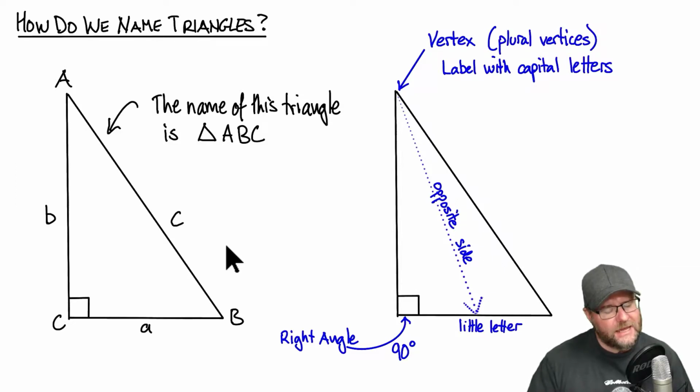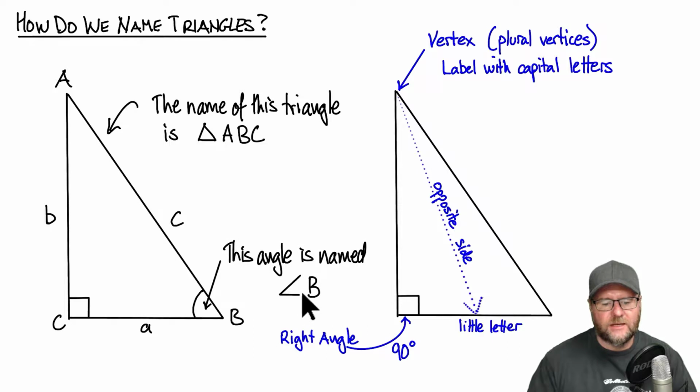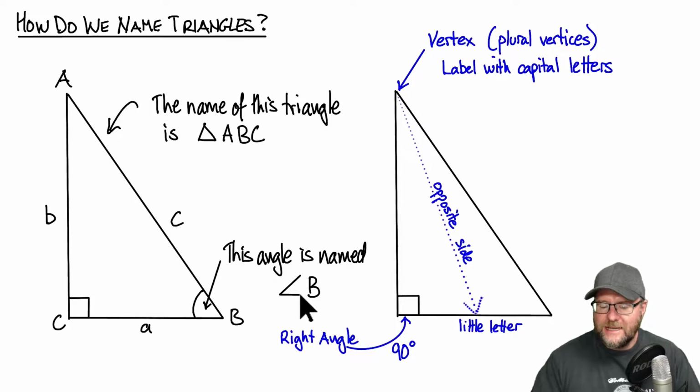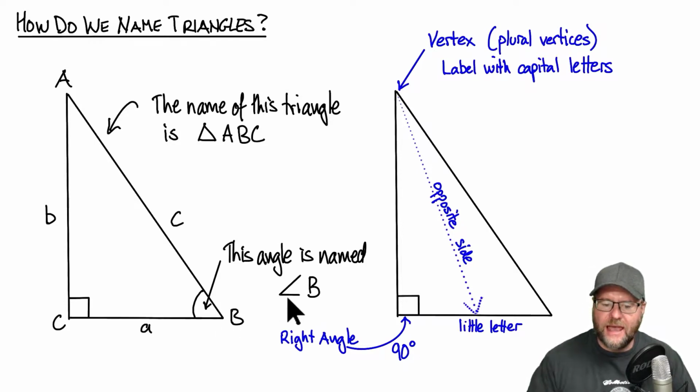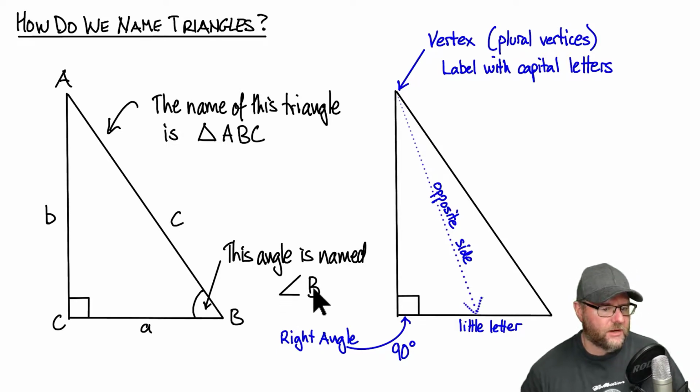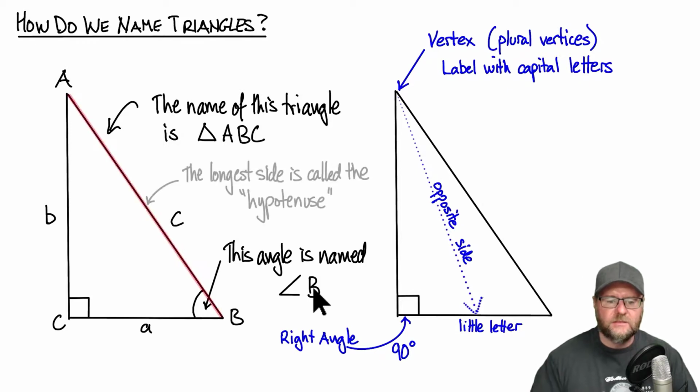But we can also name angles, and we write this little symbol here, kind of like an L with the top bit leaning over, is an angle symbol, and it's the symbol we put in front of the letter to signify what angle we're talking about. In this case, we would say this is angle B. So we'd see that written as angle B. So we've got a way of naming the triangle and of naming the angles.